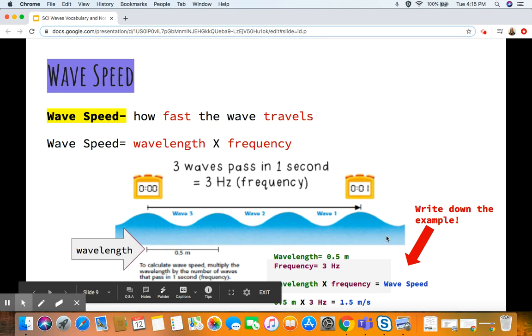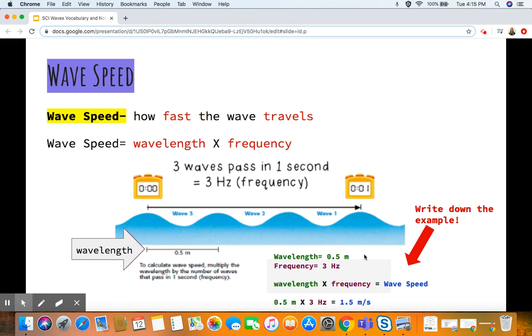Okay, so let's look at this problem. In green, we can see our wavelength is 0.5 meters. We figured that out from the picture telling us that. And then we have our frequency of 3 hertz, which was at the top. Remember, our formula is wavelength times frequency equals our wave speed.